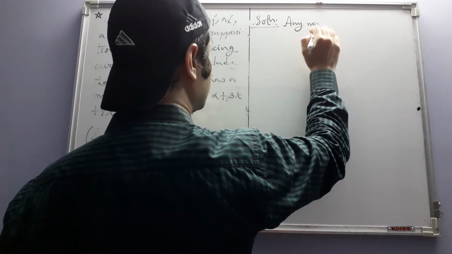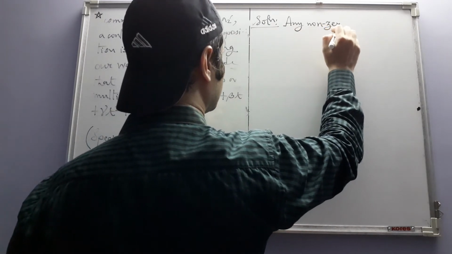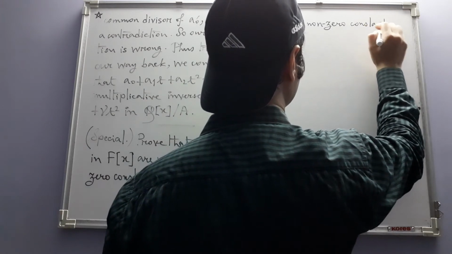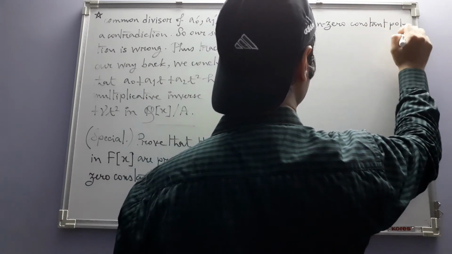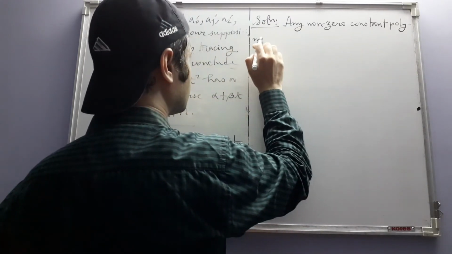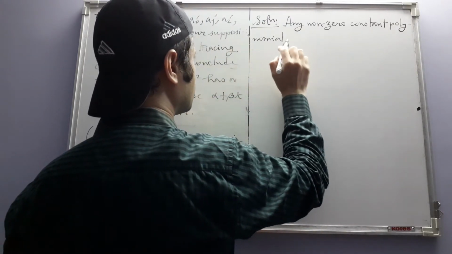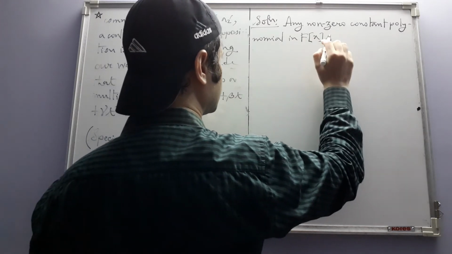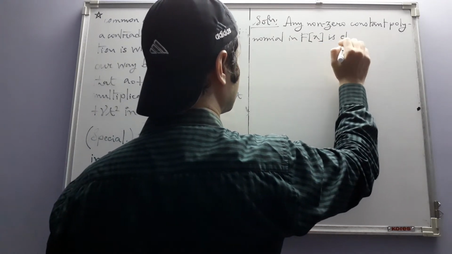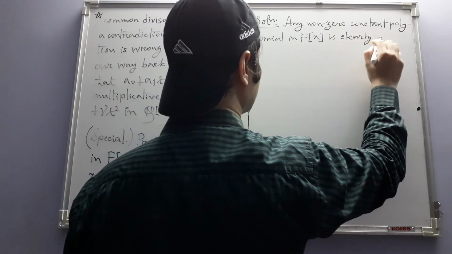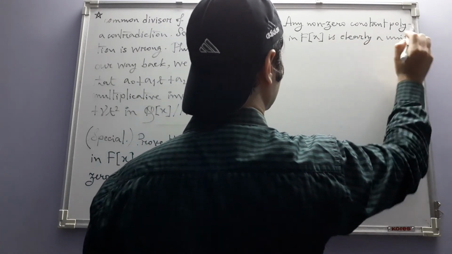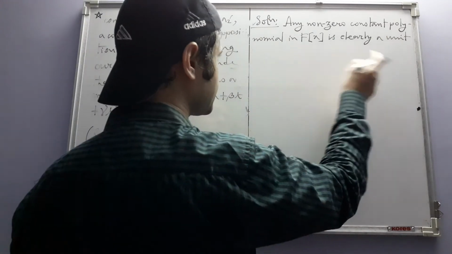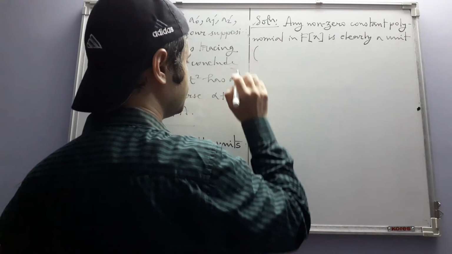Any non-zero constant polynomial in F[x] is clearly a unit. Why such a statement without any justification?